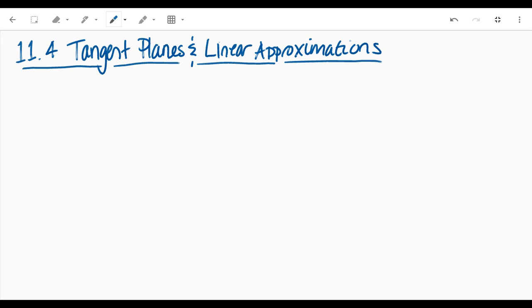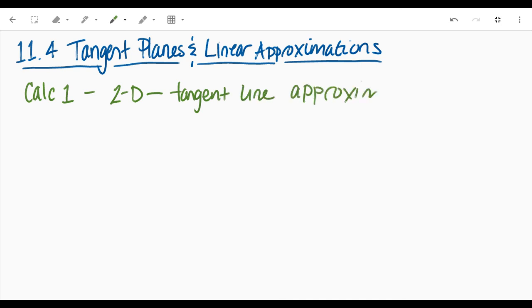Let's start with the whole idea in 2D. In Calc 1, we had 2D, and a tangent line approximates a curve at a point.